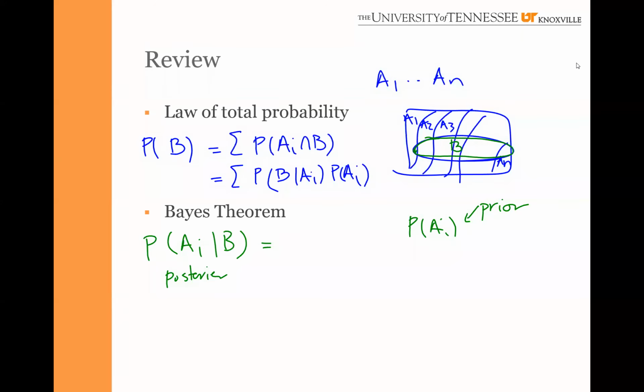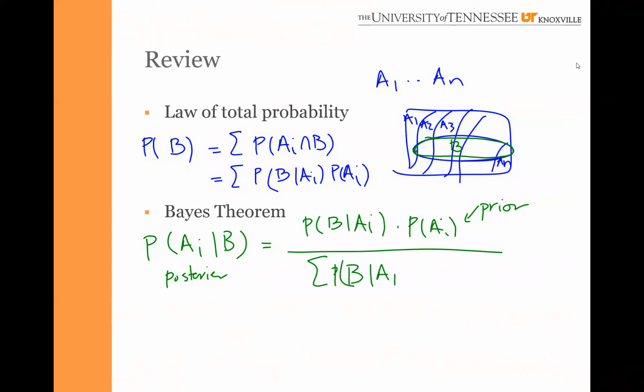Okay, so if I'm interested in P of Ai given B, what can I write? The numerator will be P of Ai intersection B, and the denominator will be P of B. But with Bayes, we can essentially expand everything. So we are going to have P of B given Ai times P of Ai, over the sum of P of B given Aj times P of Aj.